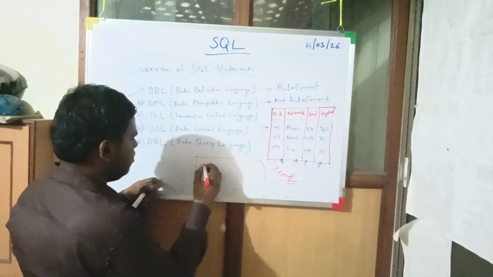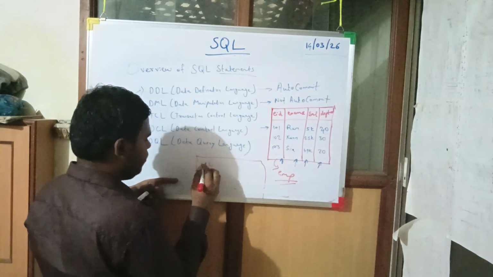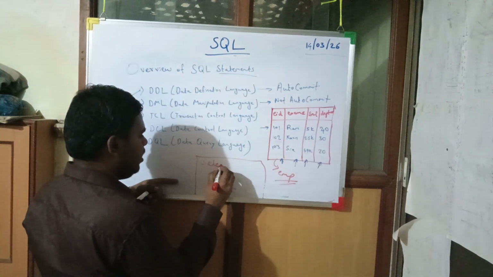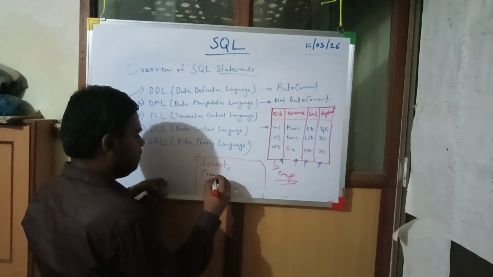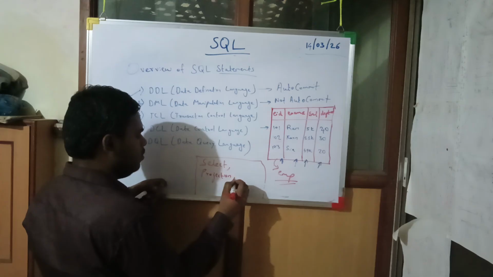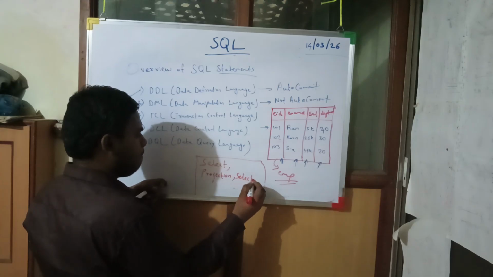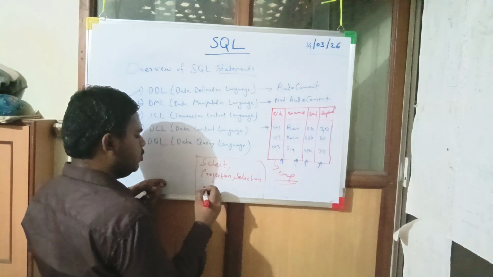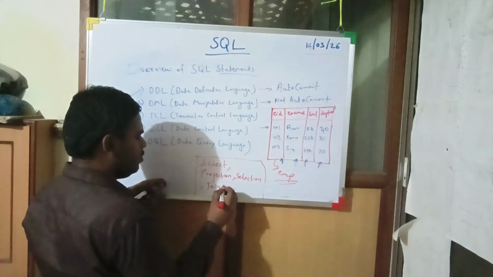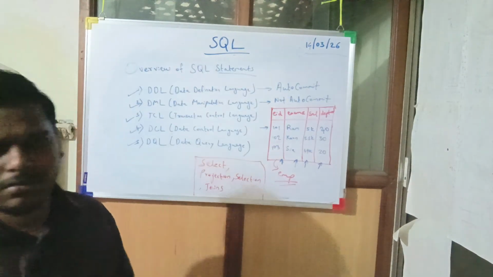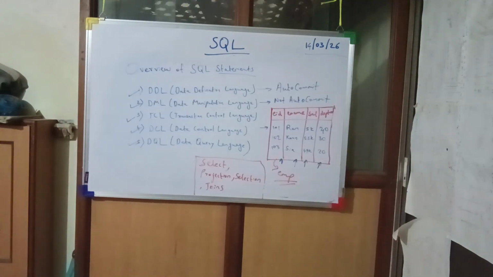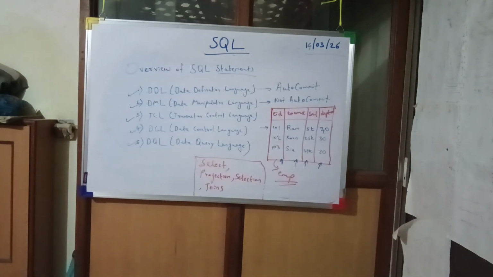Here the subtypes are select, projection, selection, and joins. Okay, these are the 4 main types we are going to study. I hope the board is visible to you all.